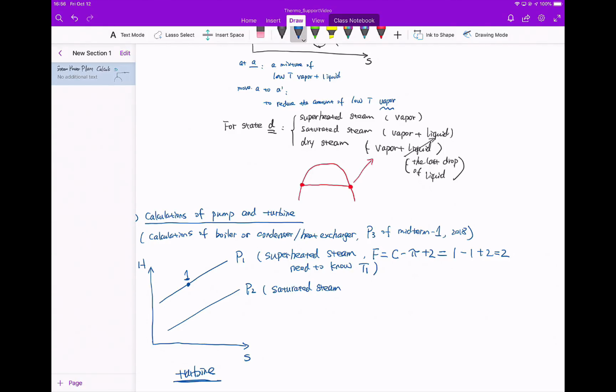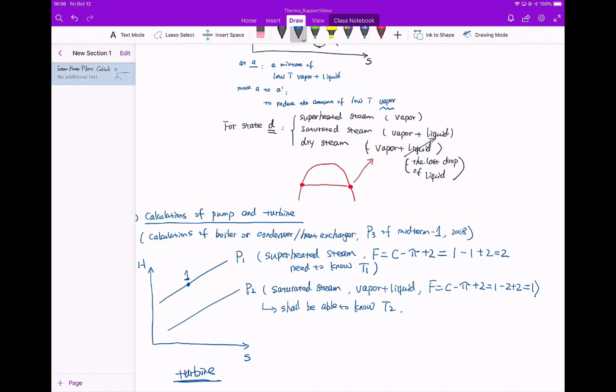By saturated, we know this is a vapor plus liquid. So here if I do the calculation, F is still C minus pi plus 2, is 1 minus 2 plus 2, which is 1. So that implies if I know P2, then I should be able to know T2. Okay, this is the first information.